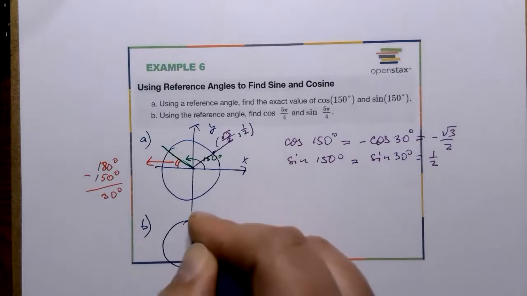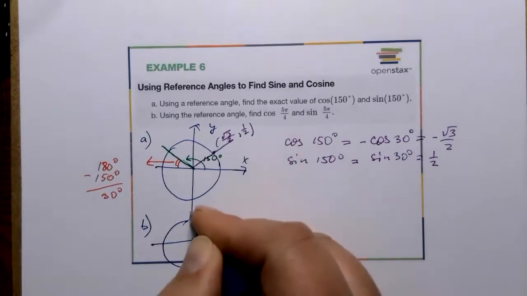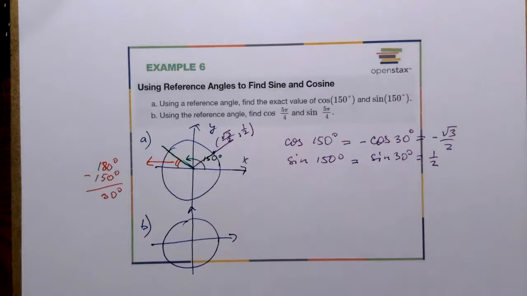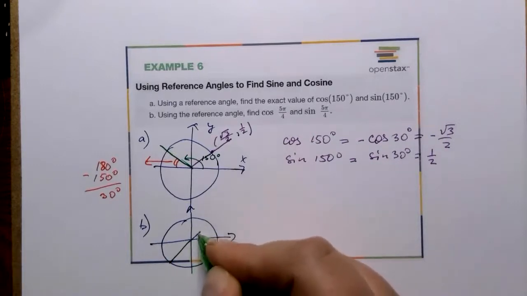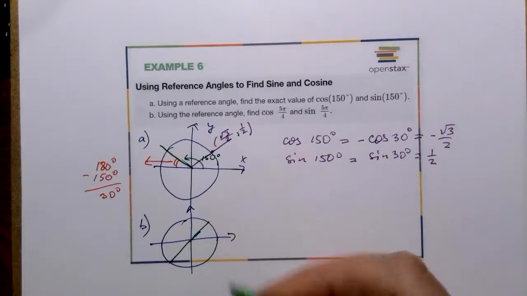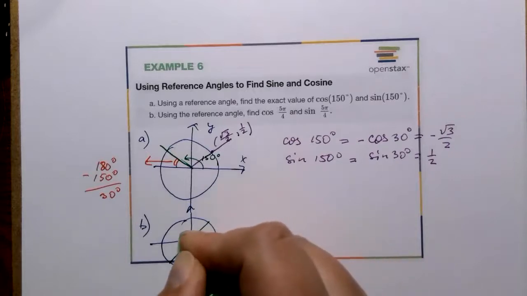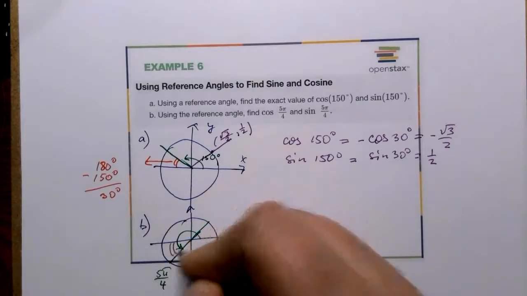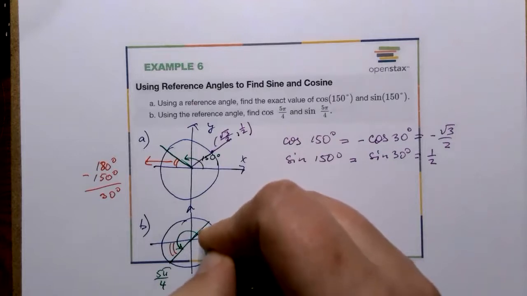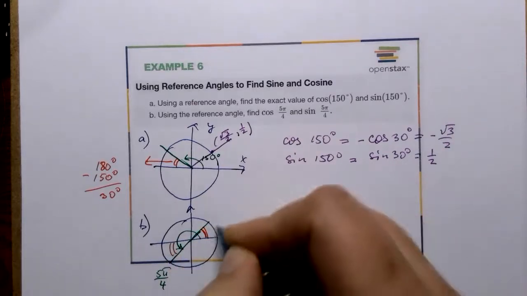So this angle is in the third quadrant, and pi over 4 would be its reference angle right here. Okay, so this angle is right here. This is 5 pi over 4. All right, and the reference angle is right here, or this one right here. It's the same.